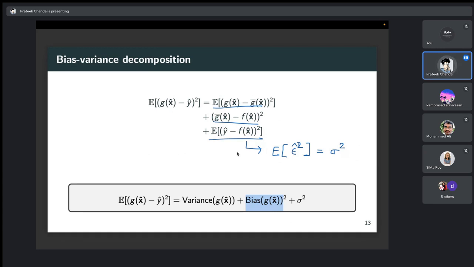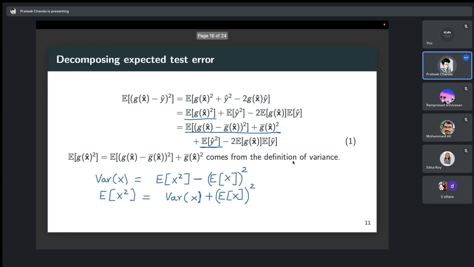If you remember, y hat was equal to f of x hat plus epsilon hat. So y hat minus f of x hat would be just epsilon hat, and this would be the expectation of epsilon hat whole square. Using the same trick, variance of x is expectation of x square minus square of expectation of x, so expectation of x square is variance of x plus expectation of x whole square.